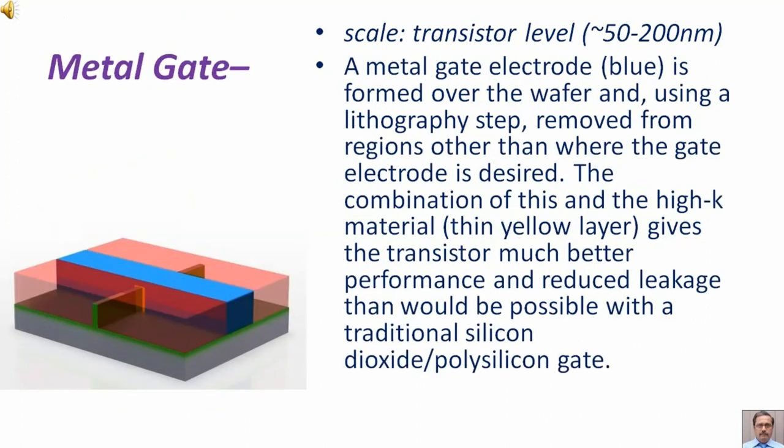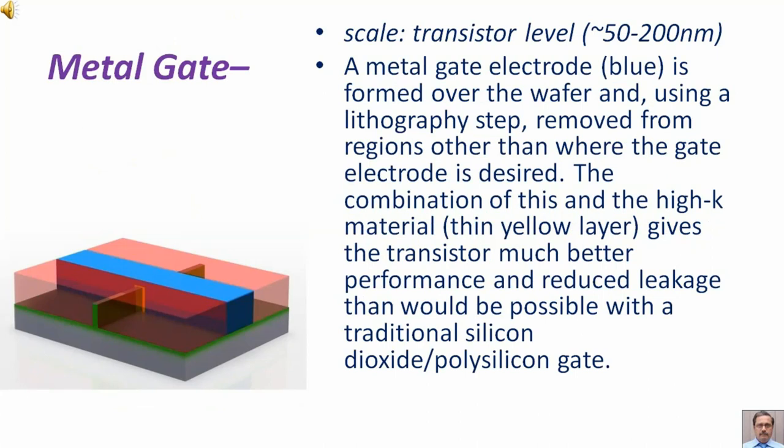Metal gate. A metal gate electrode shown in blue color is formed over the wafer and, using a lithography step, removed from regions other than where the gate electrode is desired.